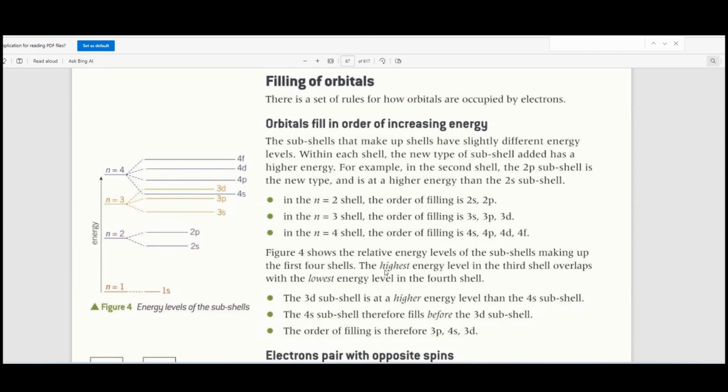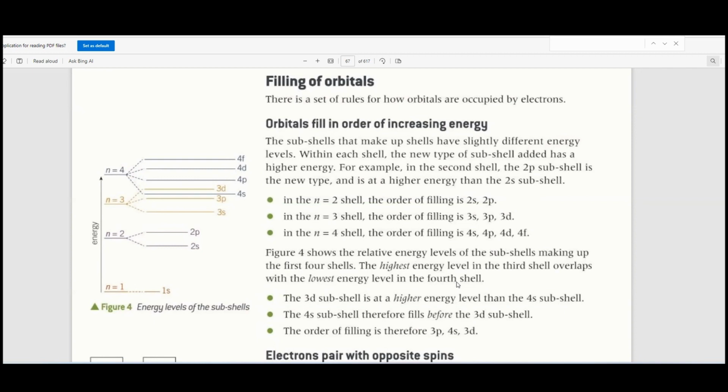If you look here, they said the highest energy level in the third shell overlaps with the lowest energy level in the fourth shell. So it means that both 4s and 3D have exactly the same energy. So what happens is first 4s is filled because it is an S. We always fill first S, then P, then D. So if D and S are both at the same energy level, S will be filled first. That is the most logical explanation I can give. Because both of them overlap in energy, S will be filled first and then D.